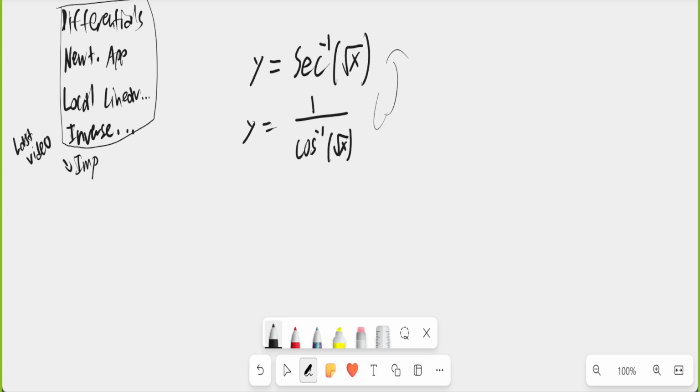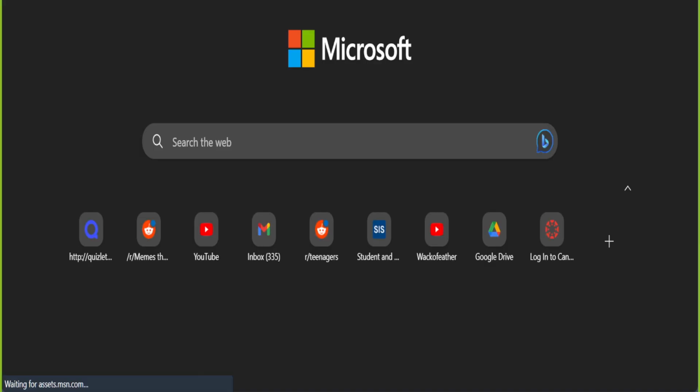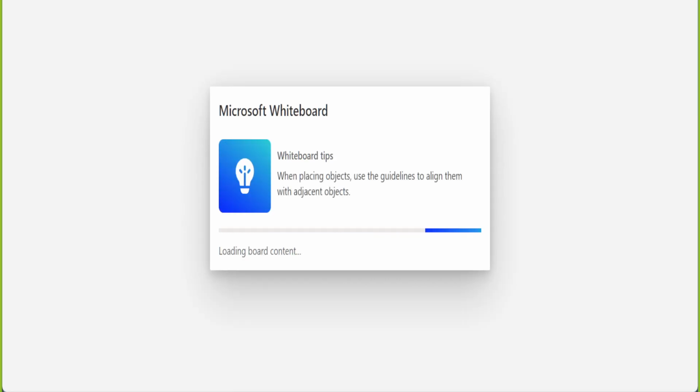So we can say that cosine inverse of root x is equal to 1 over y. Then we take the derivative of both sides implicitly, and we get, oh wait, we can't take, oops. Oh shoot. Okay, wait. Do you guys remember how to do this? I'm actually struggling a little.